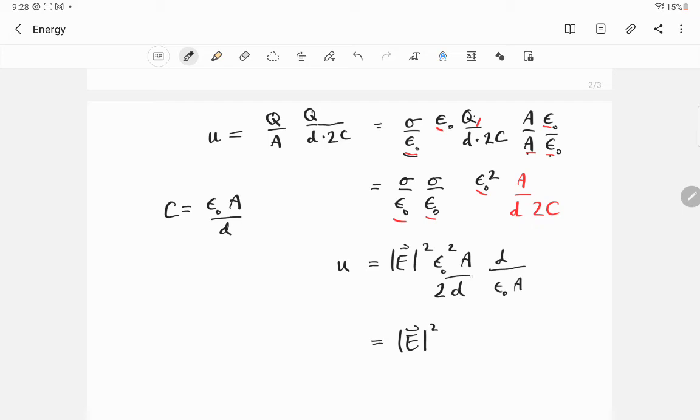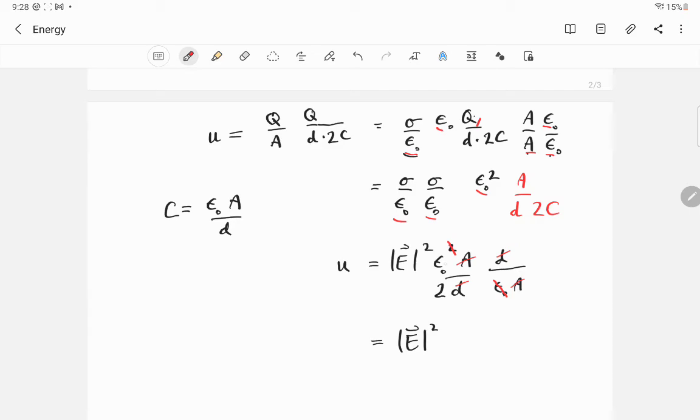And now I've got a lot of cancellations to do. So let me switch colors again. There's an epsilon naught on the bottom, but I've got two factors on the top. So one of them on the top goes away, and all of it on the bottom goes away. I've got a factor of D, gone. I've got a factor of A, gone.